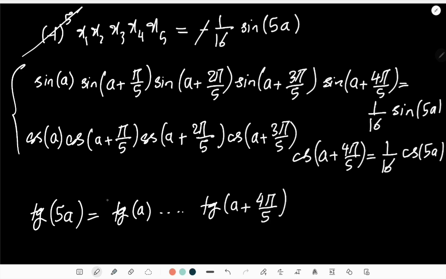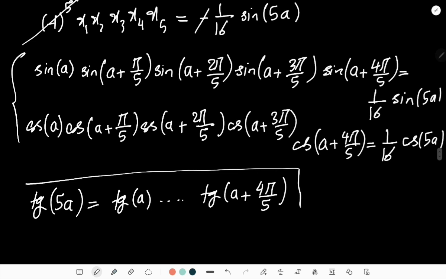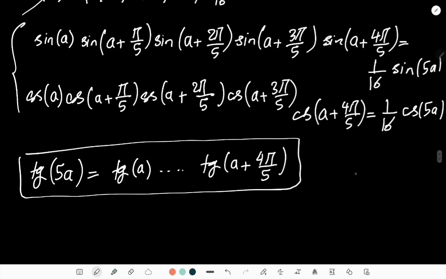And by the way, the sixteenths will cancel each other. So we don't have that. So we have this beautiful formula, okay? And now let us take a to be 6 degrees. So then we have here tangent of 30 will be equal to tangent of 6.